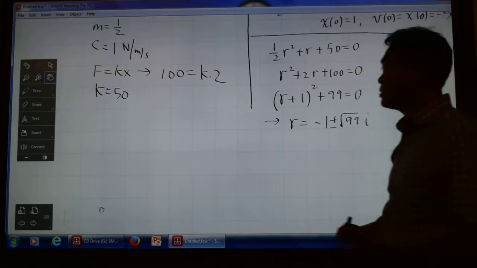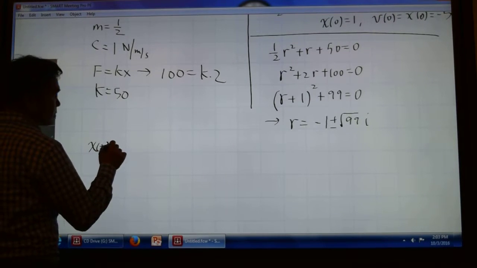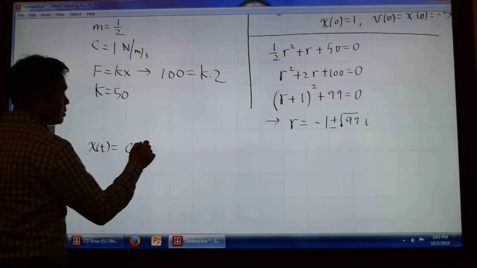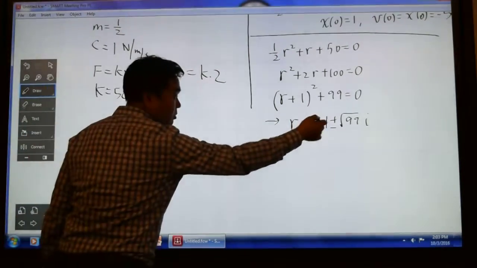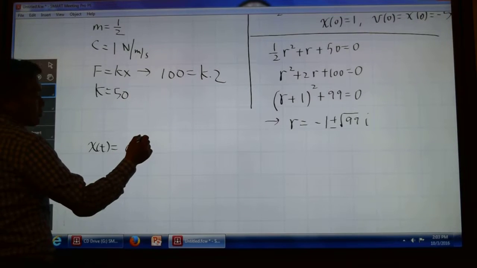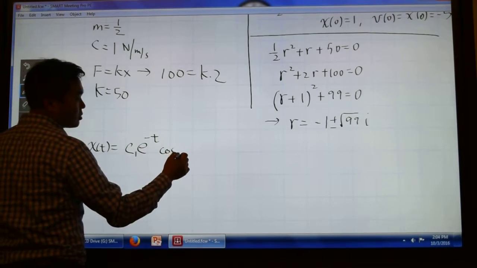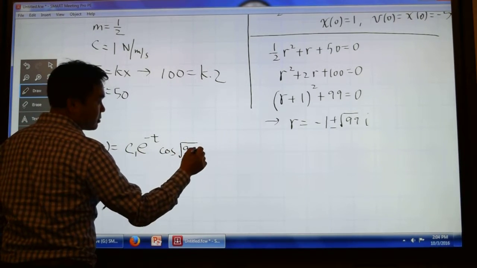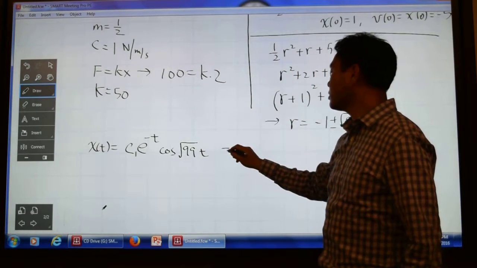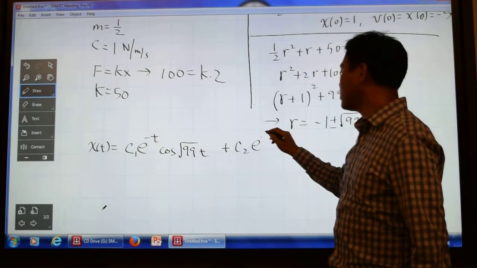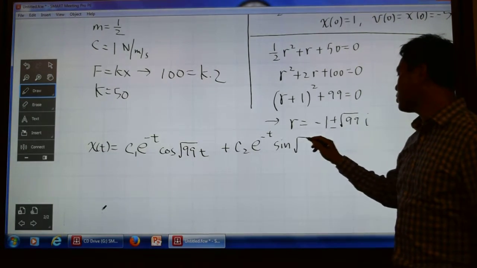Now that means, what's the solution? x of t is c1 e to the negative t cosine of square root of 99 t, plus c2 e to the negative t sine of square root of 99 t.